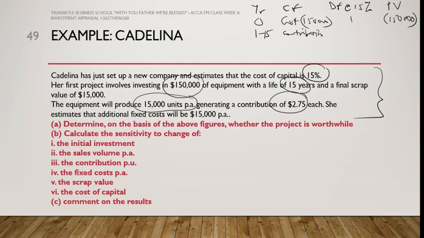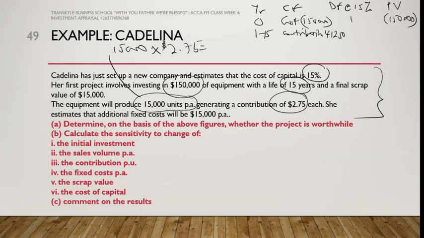The contribution in this case is 15,000 units multiplied by $2.75, which is the contribution per unit. 15,000 multiplied by 2.75 is 41,250.